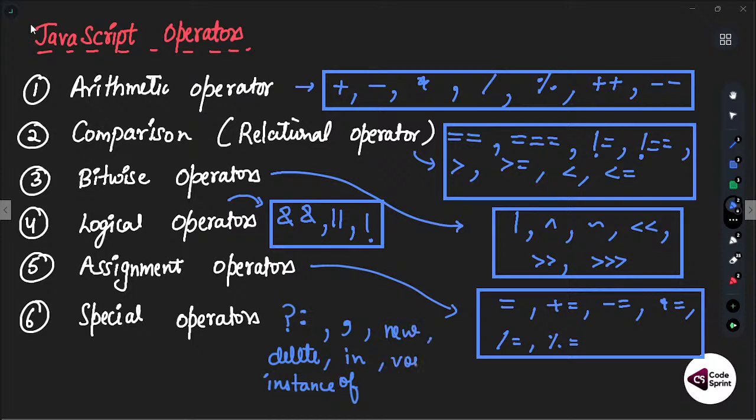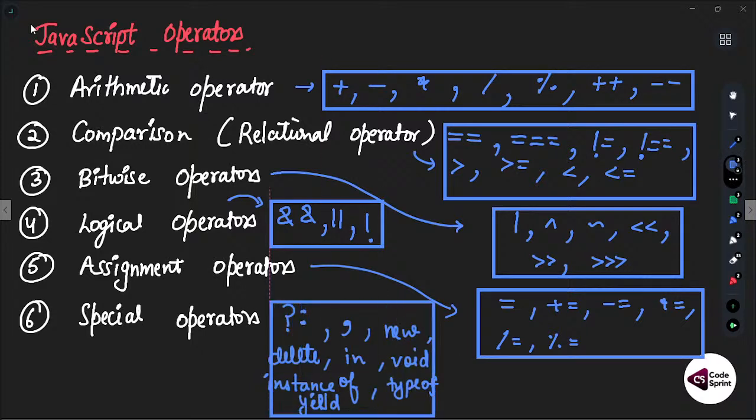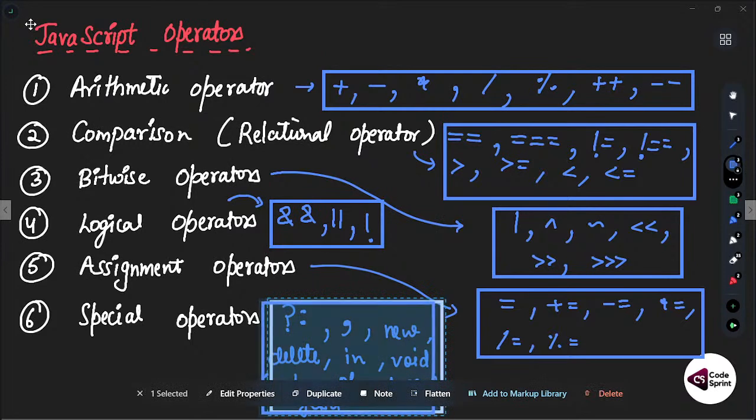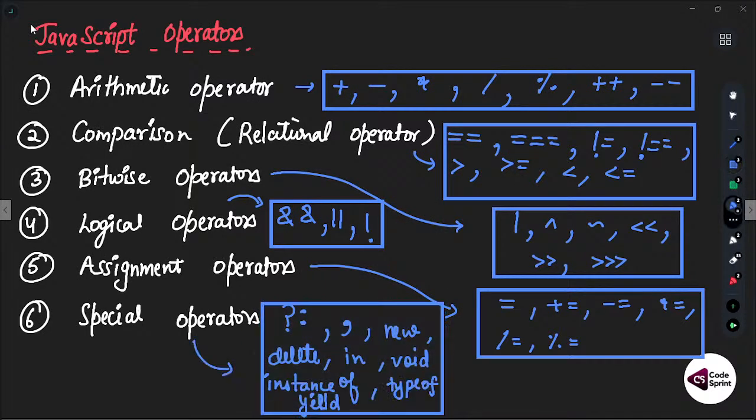We have void, and we have typeof, and at last we have yield. Okay, we have gone through it. Now, what are the different types of data types we have?